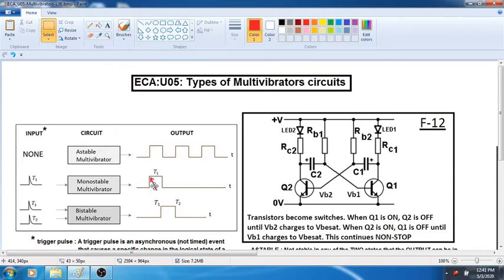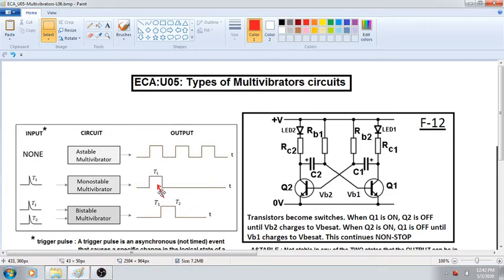Now after changing the state, what should happen is, it will be in this state for a fixed duration, and after this duration is completed, it will come back to its stable state.